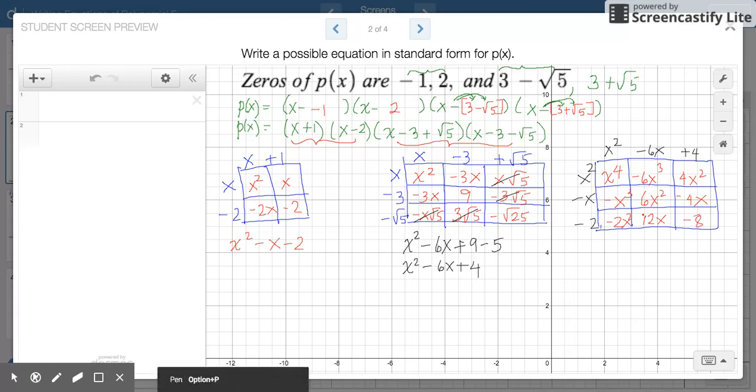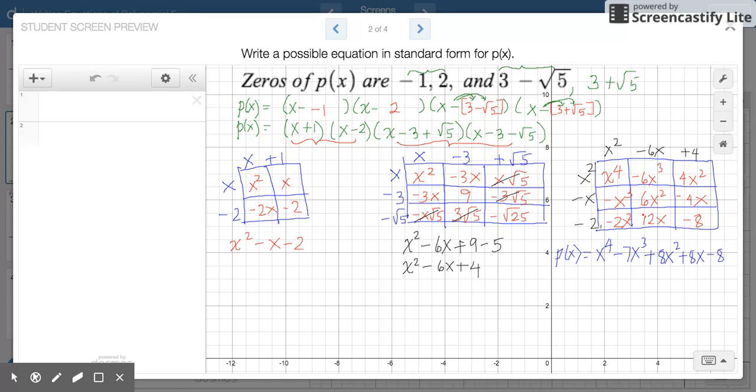So the answer is p of x is equal to x to the 4th minus 7x cubed plus 8x squared plus 8x minus 8.